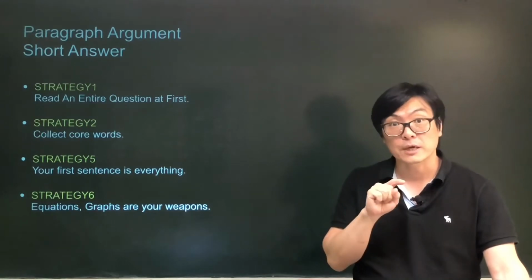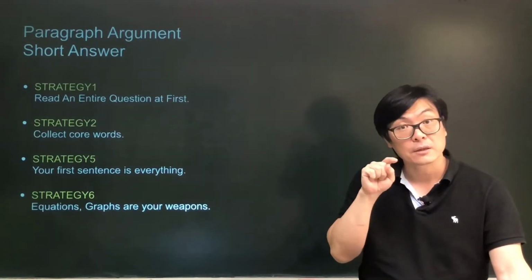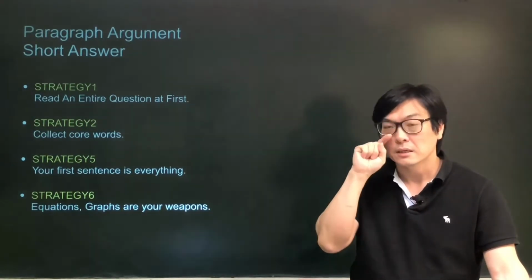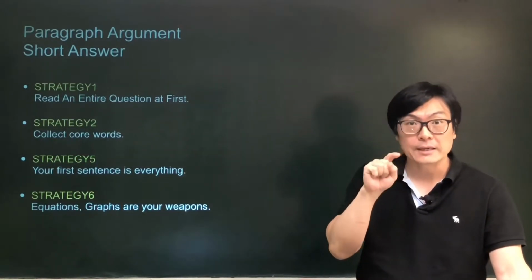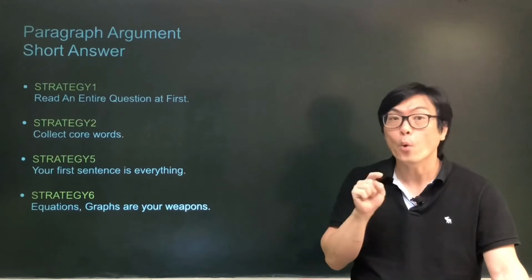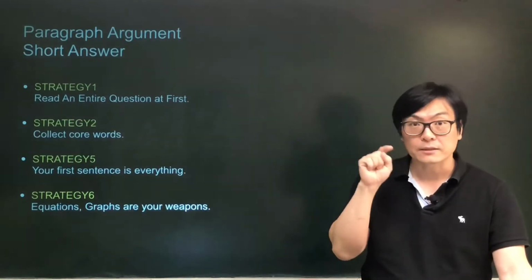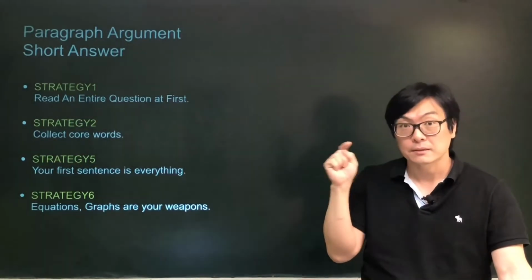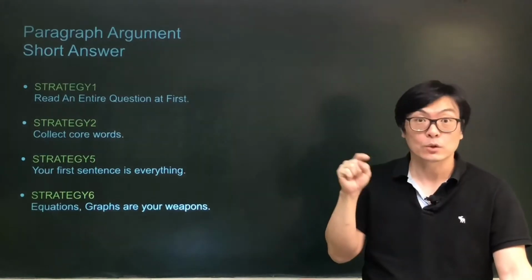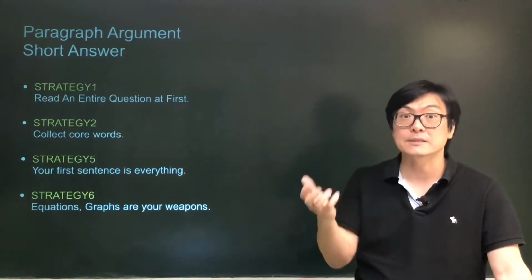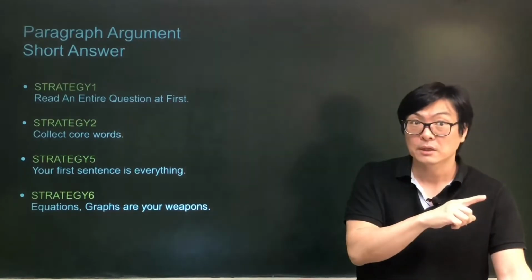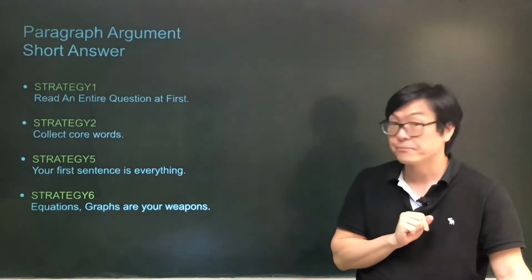And if the question asks, is A greater than or faster than B, then your answer should start with, yes, A is greater or faster than B, or no, A is not greater, or A is slower than B. So you have to make a direct answer to the question in the first sentence.